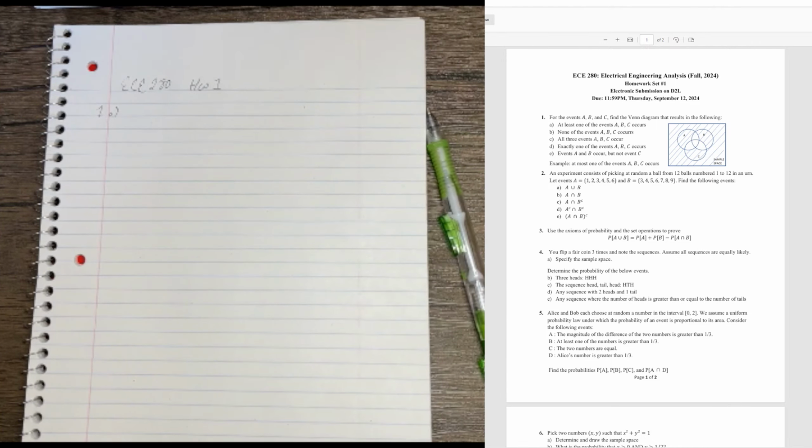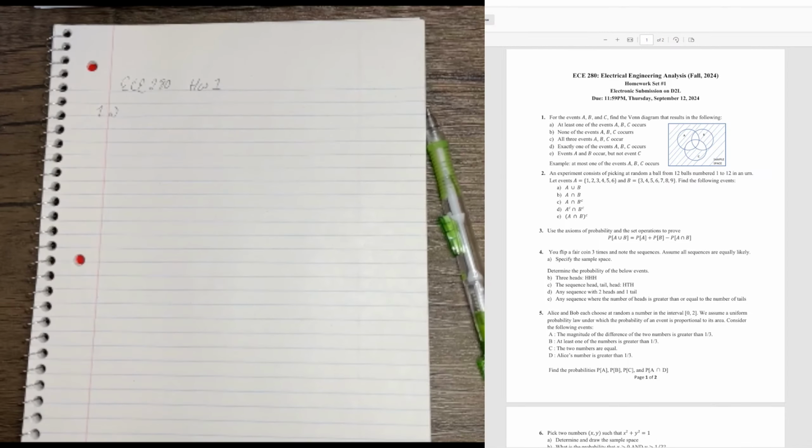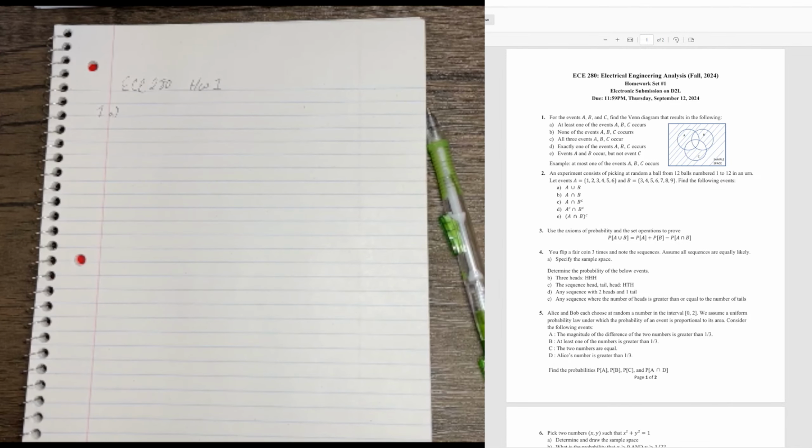Not sure how to do this, actually, because I know you could use the areas and everything like that to solve for it. Yeah, I'm actually confused. How do you find this?